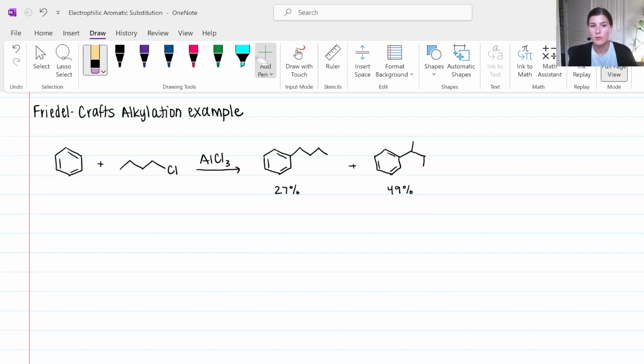So we know the mechanism for the Friedel-Crafts alkylation, so let's start there. First thing we do is generate the electrophile. And one thing that you might notice is if you trace carbons from the alkyl chloride reagent to the product, for the product that's generated at 27%, the alkyl chain is bonded at carbon 1.